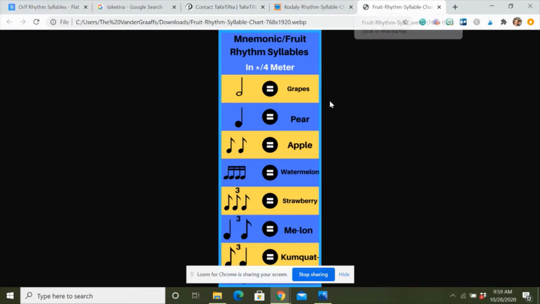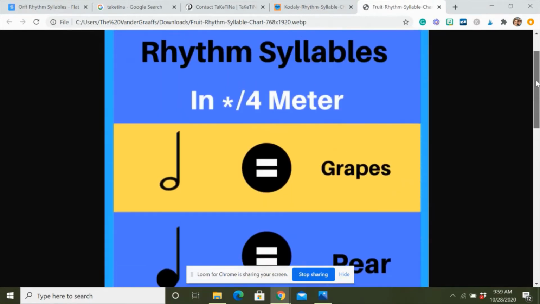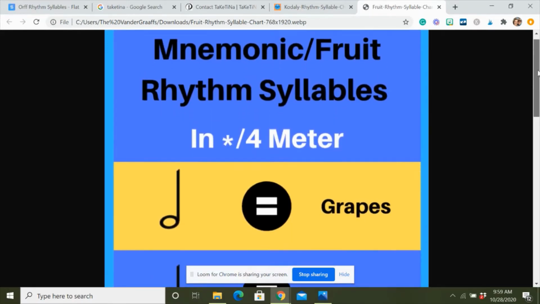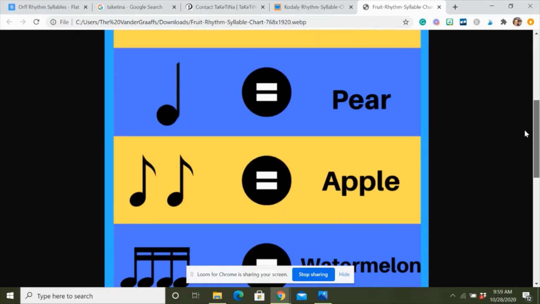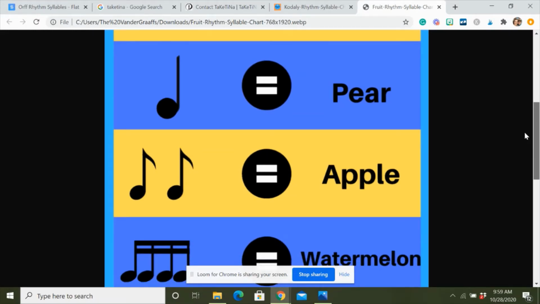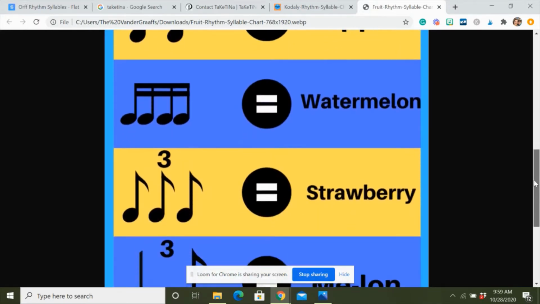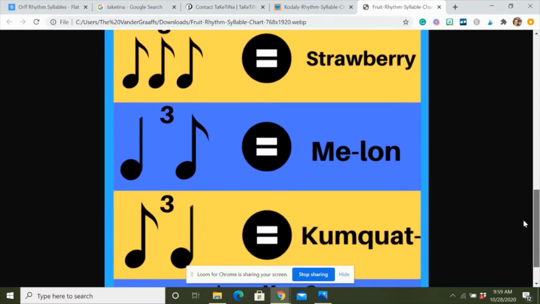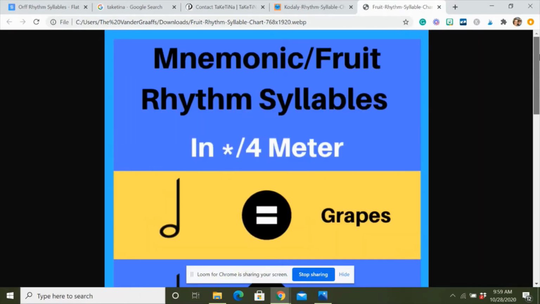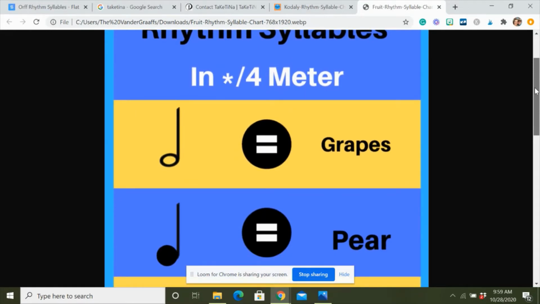Of these four, the most common one seems to be these mnemonic or fruit rhythm syllables, as you kind of got with my cheesy little intro. We replace the sounds with different fruit names, or it doesn't have to be fruit, but this is just an example. So if you had quarter, eighth note, quarter, you could say pear, apple, pear, or watermelon, or strawberry, melon, kumquat, and grapes for half note.